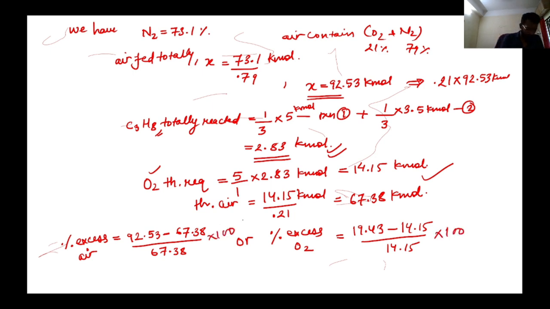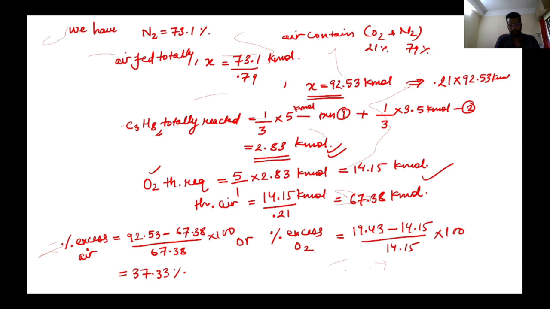Okay, let us check. So 92.53 minus 67.38 divided by 67.38 gives 37.33%.